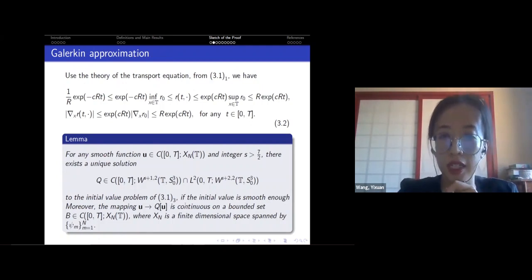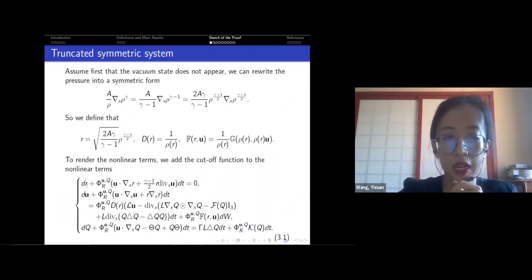And for the existence of such a strong solution, we also use the Galerkin approximation. First of all, think from here.